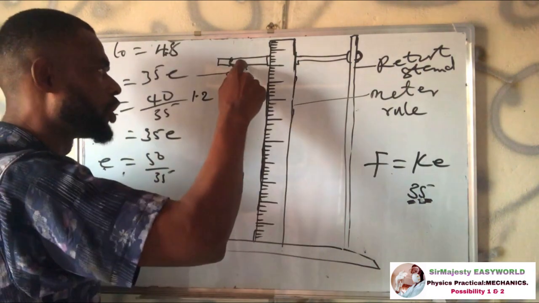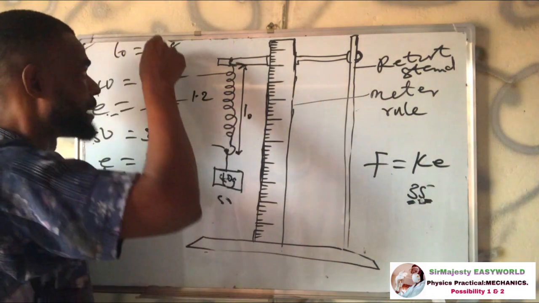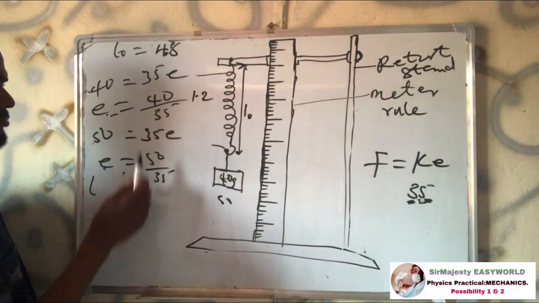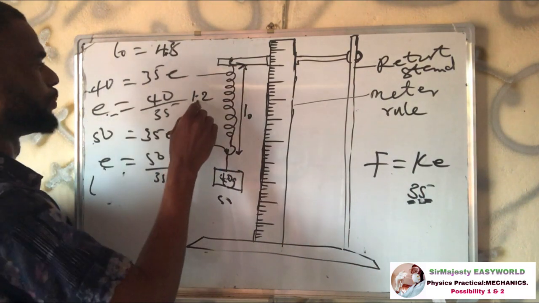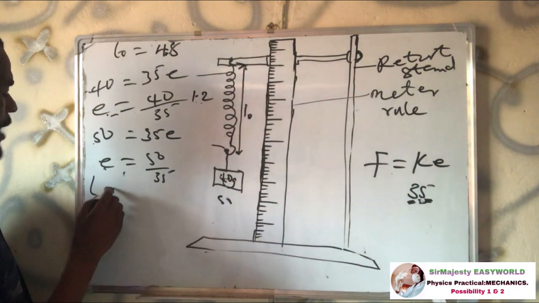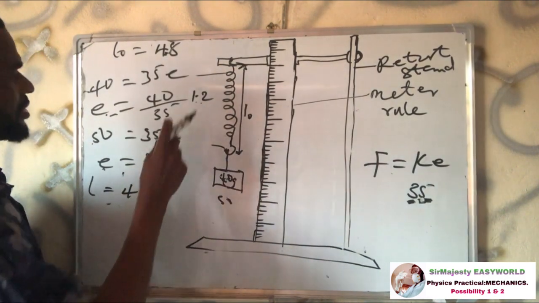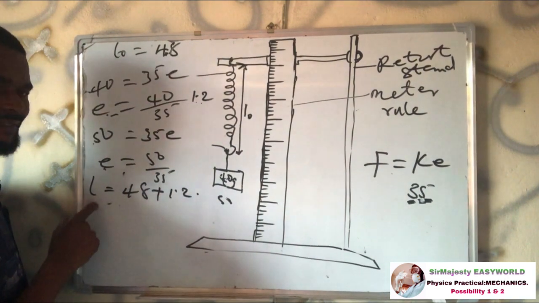I have only measured the length of the spring provided for me, which is I0, and I assume that mine is 48 cm or 48 meter. Then when I do manipulations using this formula, I get extension. My extension is 1.2. What will I now say is my new length? My new length will be 48 plus this extension I have. I will record it as my L.